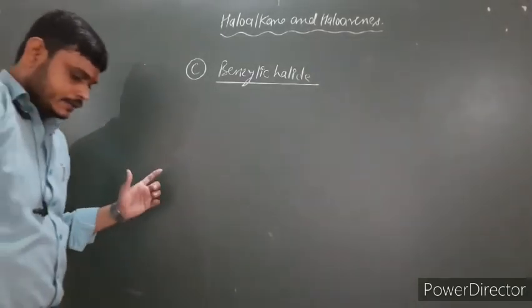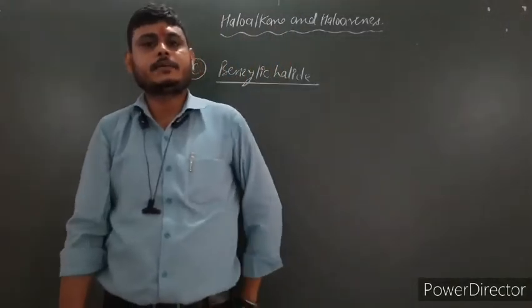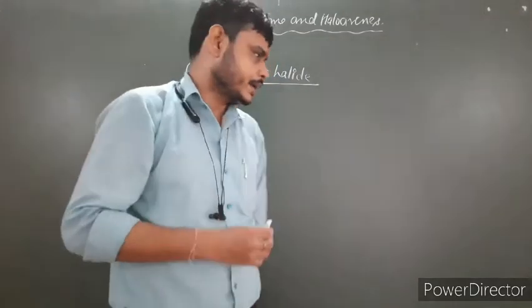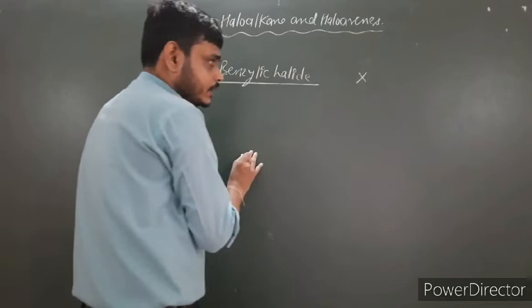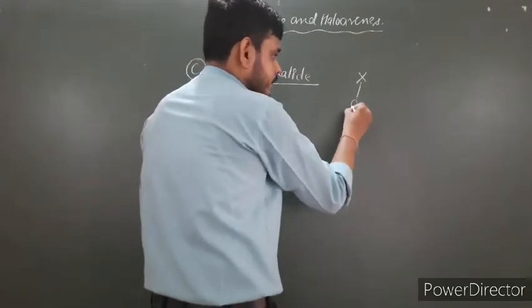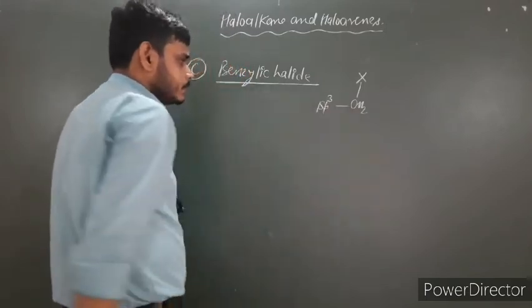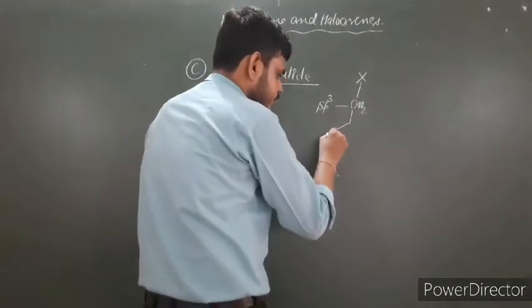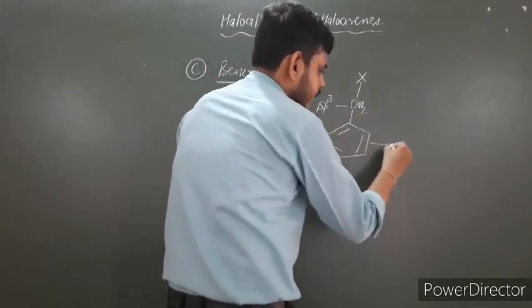In this type of halide, the halogen atom is directly attached with the sp3 hybridized carbon atom next to the benzene ring, that is aromatic ring. For example, this is the halogen atom directly attached with the sp3 hybridized carbon. This is the sp3 hybridized carbon atom, and next to benzene ring, this is the benzene ring, that is the aromatic ring.